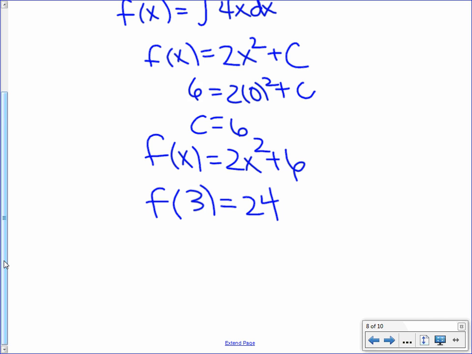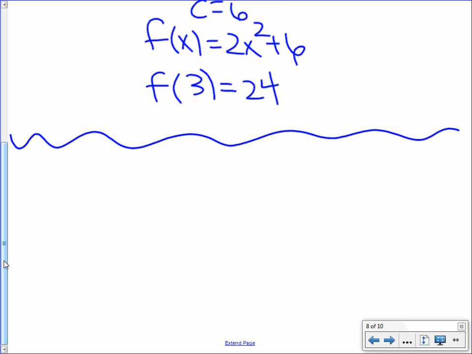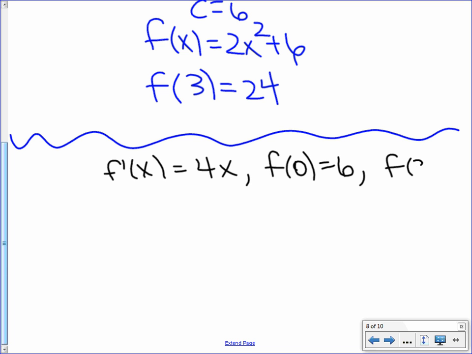Okay, now that we know the first fundamental theorem of calculus, we don't have to do as much work. You like less work? Can you use this method still? Yes. But what I would like you to try out for tonight's homework is this. We knew that our derivative was 4x, f of 0 was 6, and we wanted f of 3.